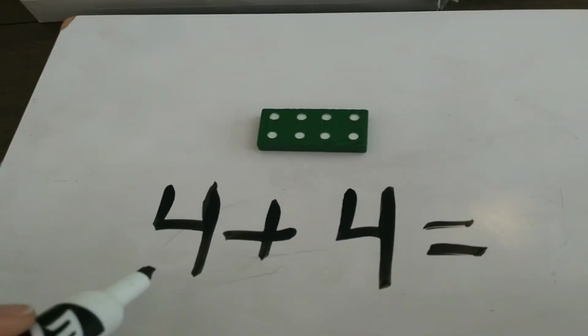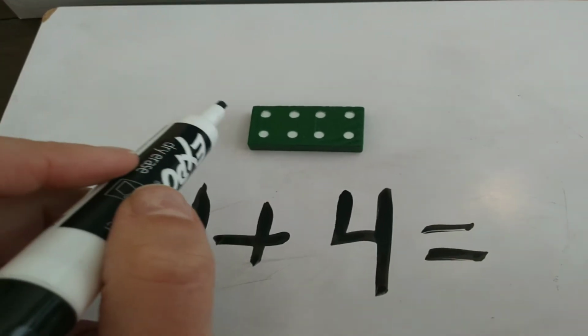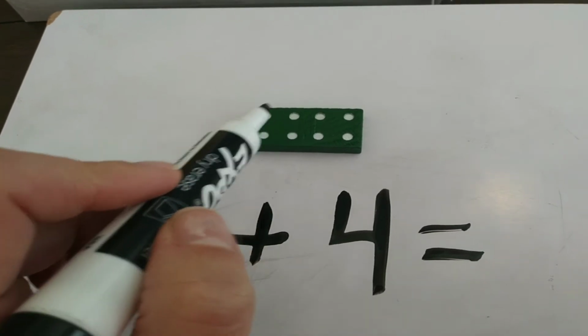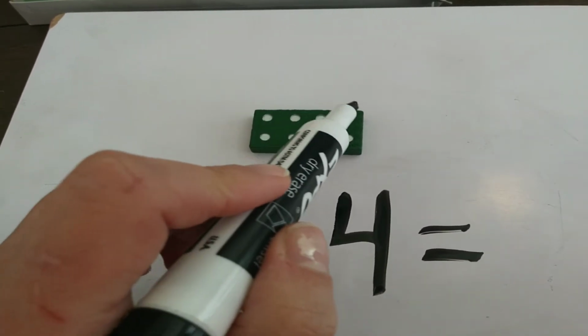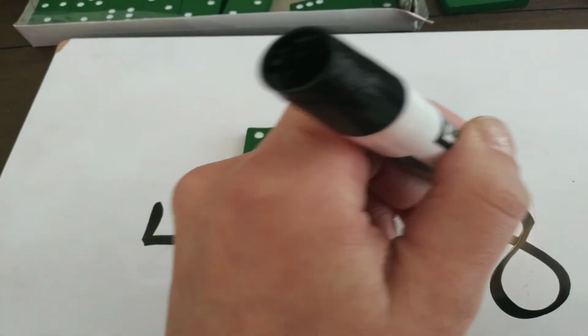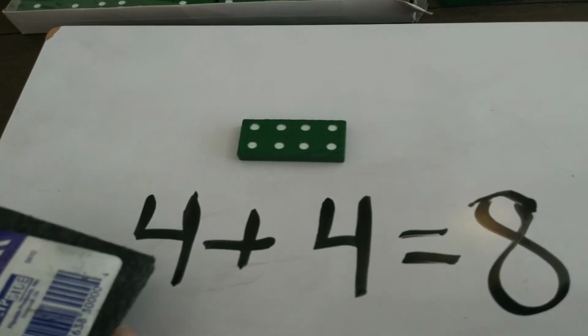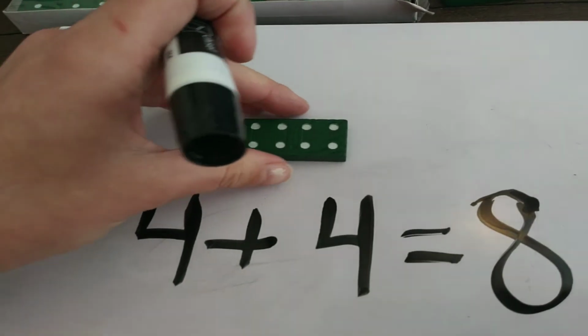Okay, so I have 4 plus 4 equals how many? I'm going to count all of the dots all together. 1, 2, 3, 4, 5, 6, 7, 8. Oops. There we go. So 4 plus 4 equals 8. And by the way, that's a doubles fact, which you'll learn at some point. Very good.